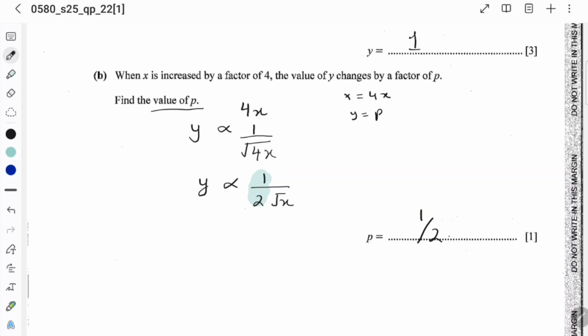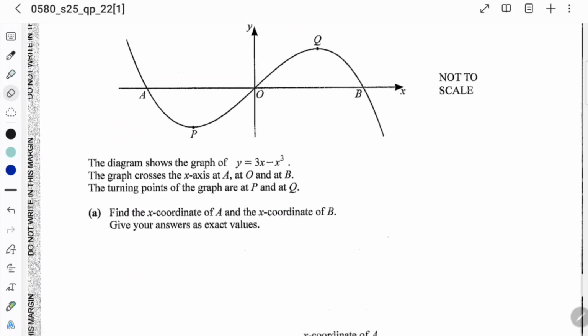So you can write p is equals to 1 upon 2 square root x, and that's why your p value will be equals to half here. Whenever x is increasing by a factor of 4, y is changing by p, then p will be equals to half here. Now let's go to the next question.